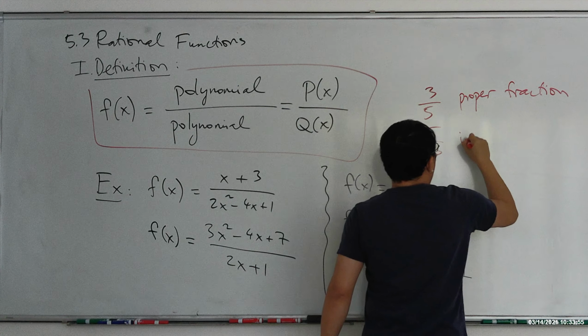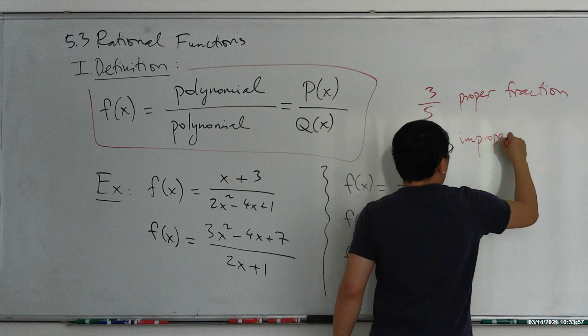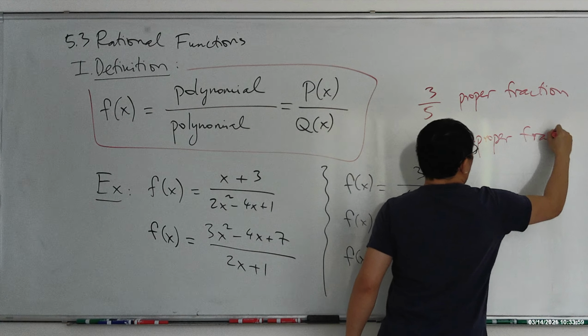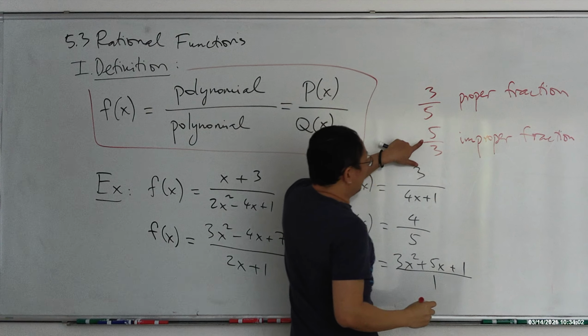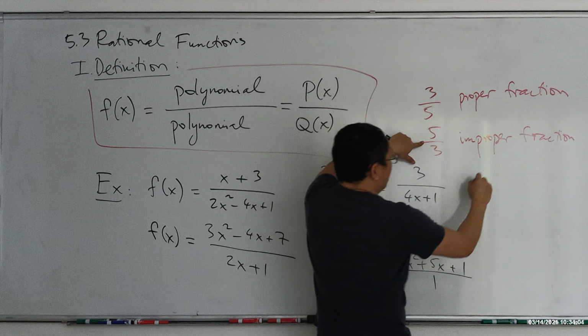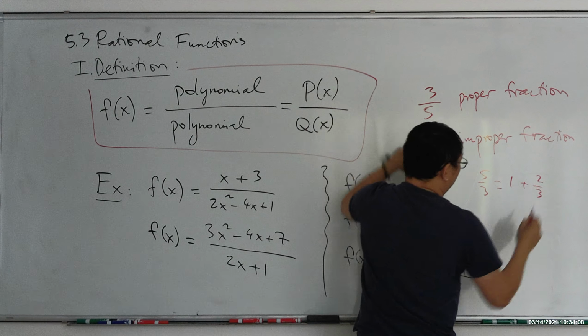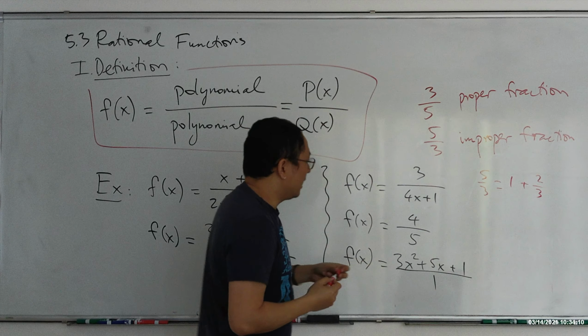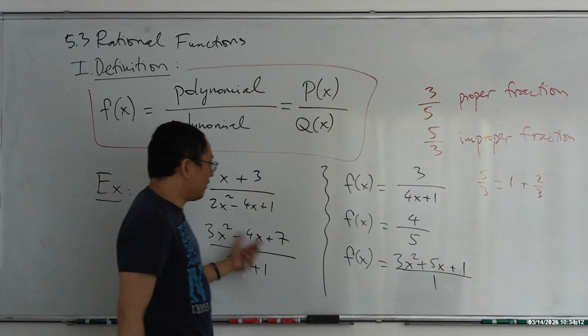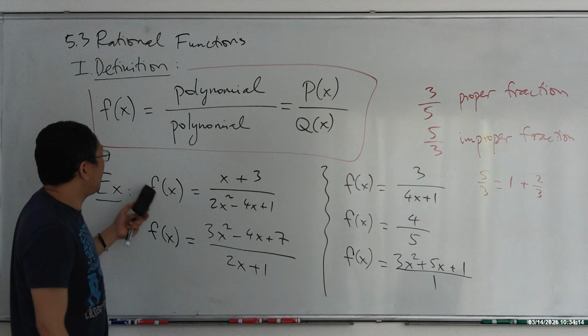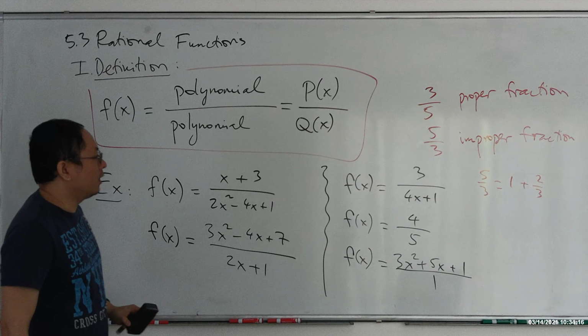This is an improper fraction. Because this one, you can do a long division: 5 over 3 is equal to 1 plus 2 over 3. Okay? So improper fraction, and a similar idea carries over for rational functions, polynomial over polynomial.